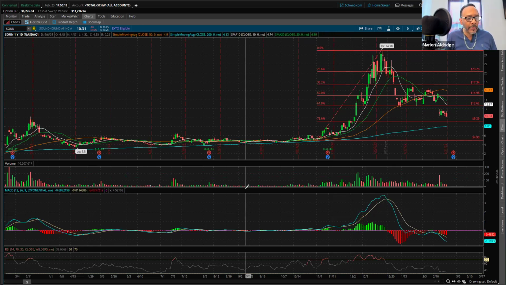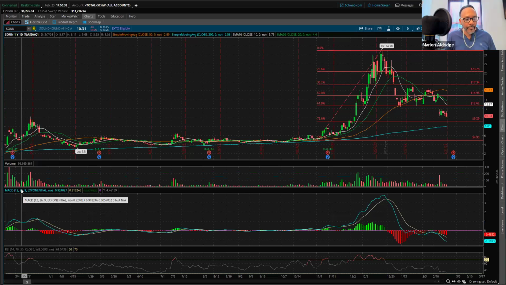The blue line is the 12 period moving average minus the 26 period moving average. The 12 period, of course, is the shorter time period. We call that the fast moving average. The 26 period, the slow moving average.